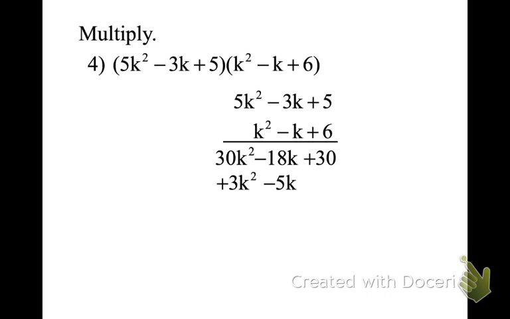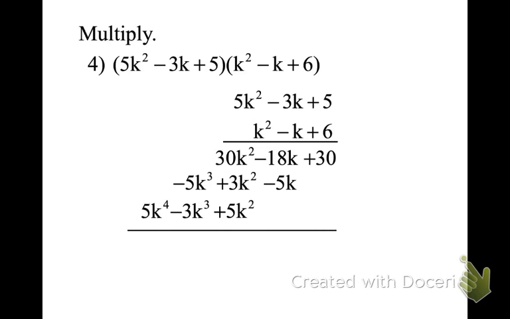Remember, we add the exponents, we multiply the coefficients. Negative k times 5k to the second is negative 5k to the third. Now we're doing the same thing with k squared times 2, it's 5k squared. Negative 3k to the third, 5k to the fourth. And now we're going to add everything up.